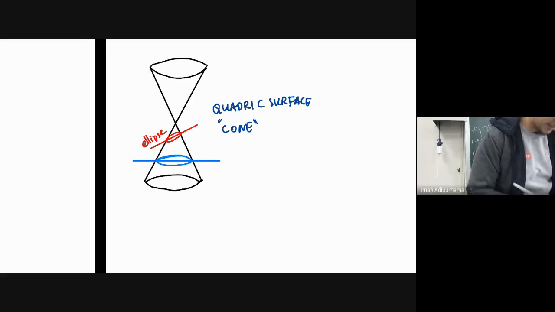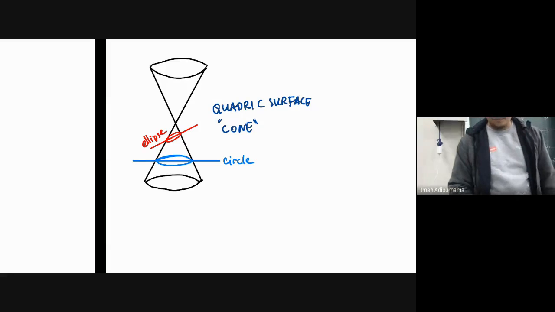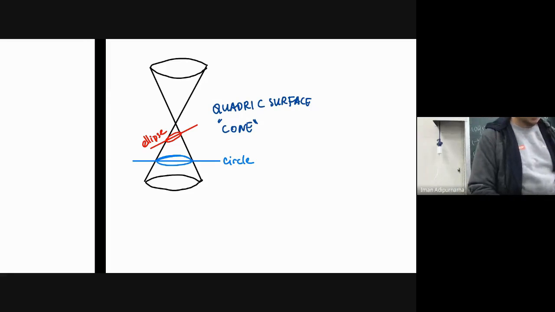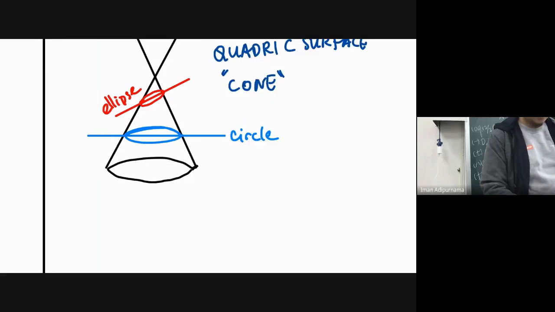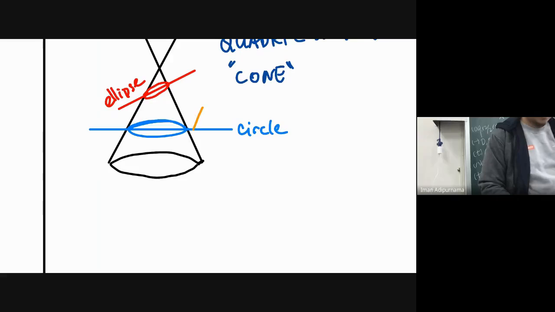Ellipse is double L, and this is circle. And if you cut like that, it will be a parabola.